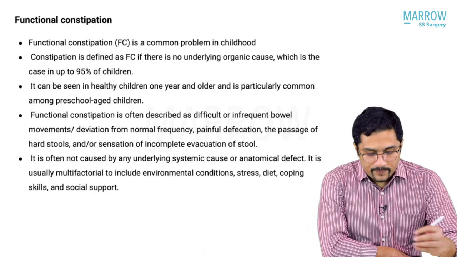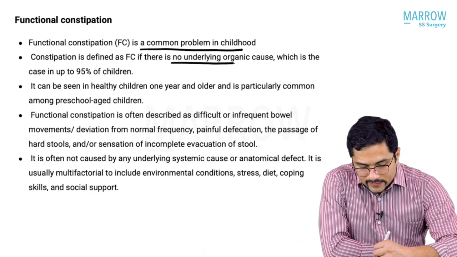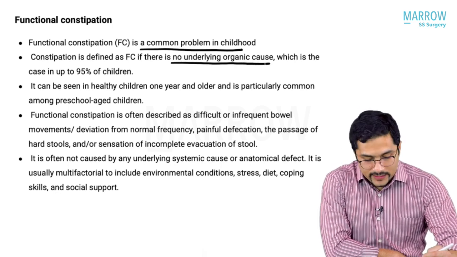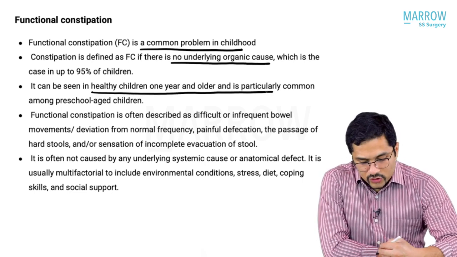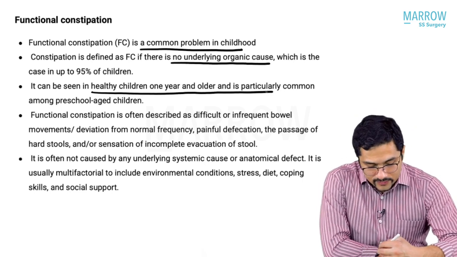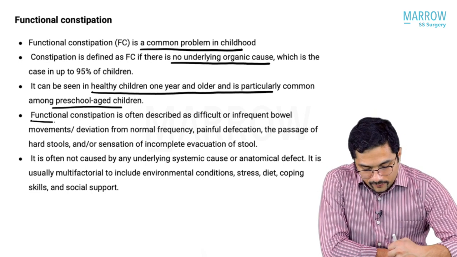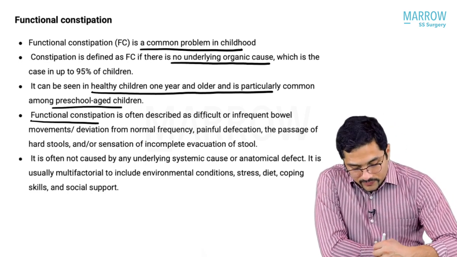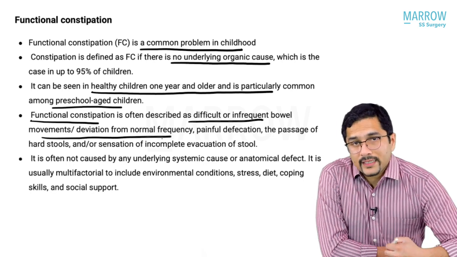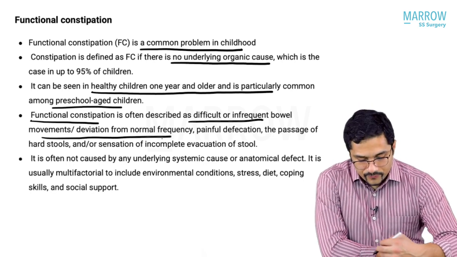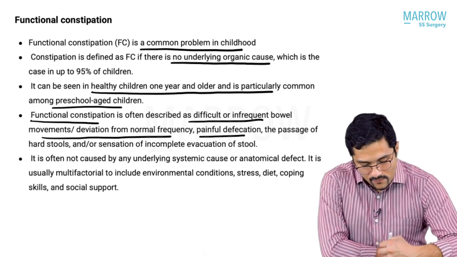So, functional constipation is a common childhood problem, and it is when there is no underlying organic cause. It can be seen in children 1 year or older than that, particularly common again in preschool age children. In functional constipation, there will be difficult or infrequent bowel movements and there is deviation from normal frequency. Painful defecation or passage of hard stools.